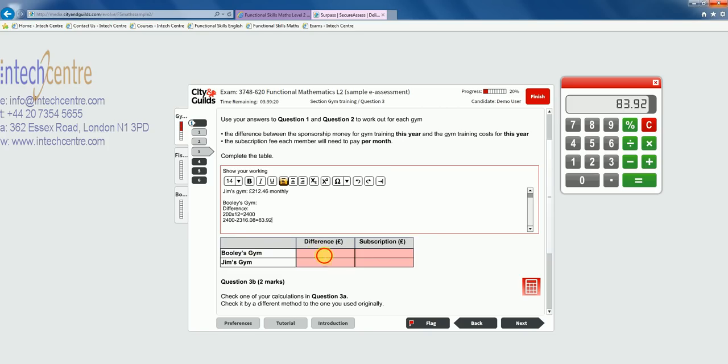So we've worked out the difference now. So 83.92. As you can see, I'm doing it systematically, putting the answers as I go along into the table. So we would just work out the subscription cost, as it's a bit easier just to work it out here. So the difference is 83.92.